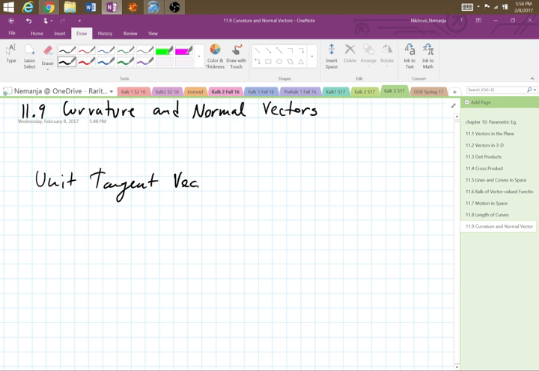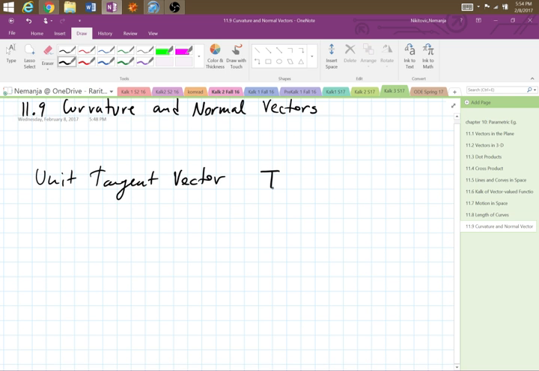That's the review. We can put that as a T hat, right, unit vectors. And if you remember, that was your r prime of t divided by the magnitude of r prime of t. Now this r prime was velocity.